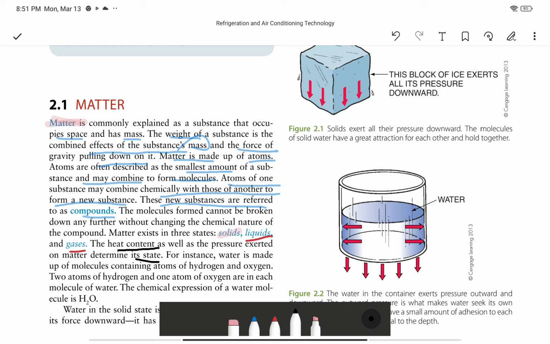For instance, water is made up of molecules containing atoms of hydrogen and oxygen. Two atoms of hydrogen and one atom of oxygen make a molecule of water. The chemical expression of a water molecule is H2O. Okay, H2O.